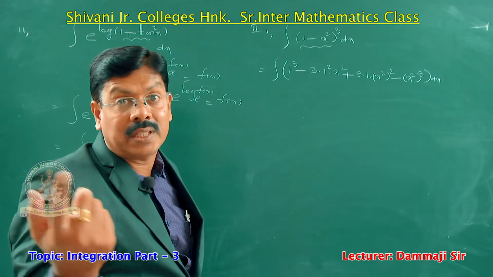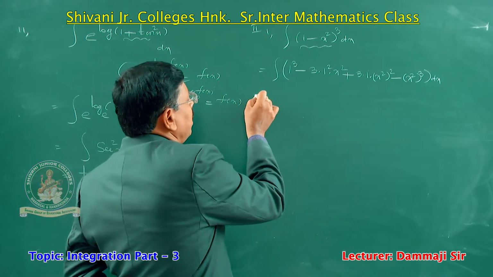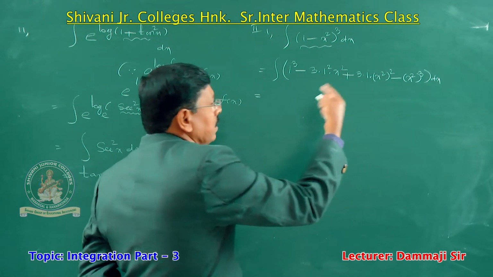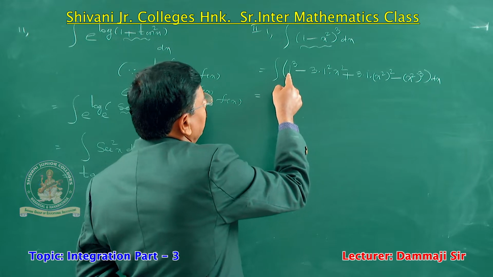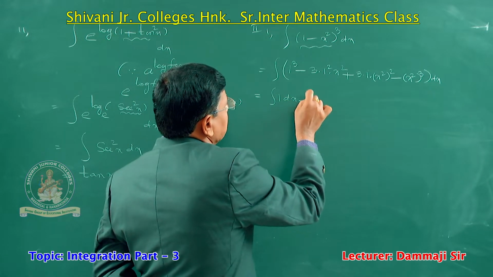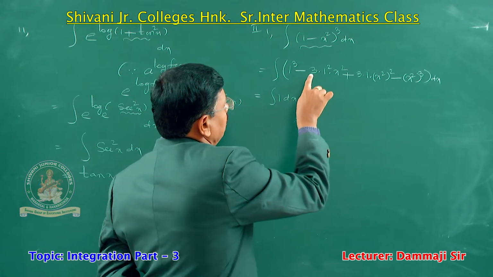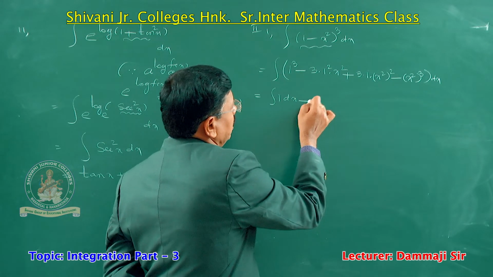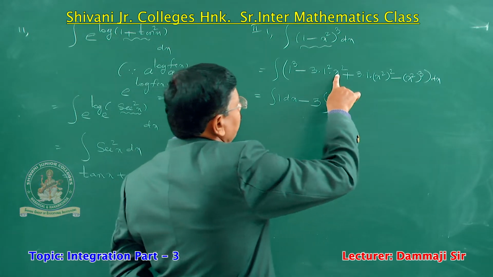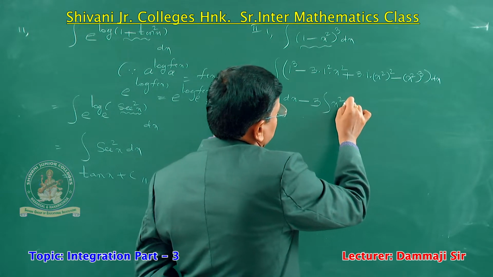What about the next step? We can apply the integration to each and every term. Then we prepare the integral of 1 cube, which is nothing but integral of 1 dx. Same sign, keep it here only. 3 is the coefficient in front of the integration, right? Integral of x square dx.